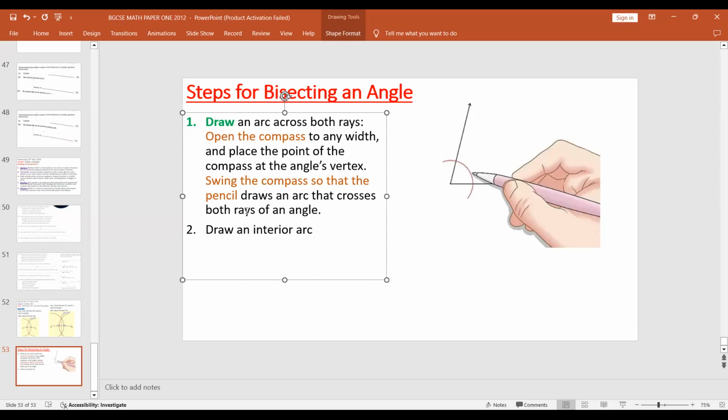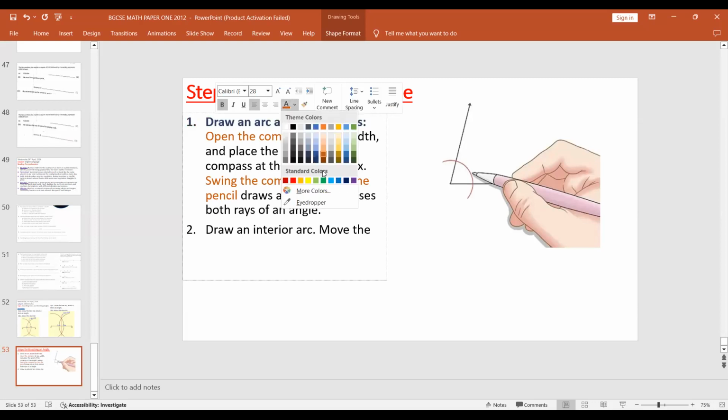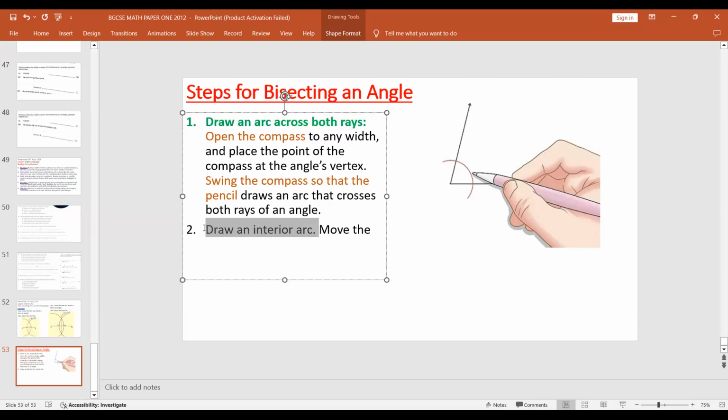Draw an interior arc. Let's put this entire thing in green. So the second step is to draw an interior arc.